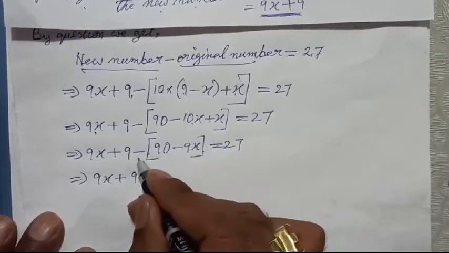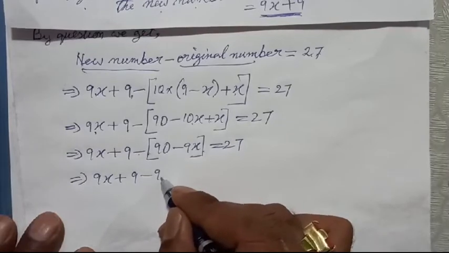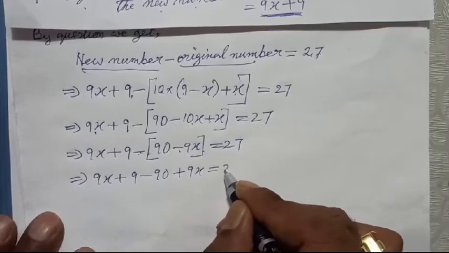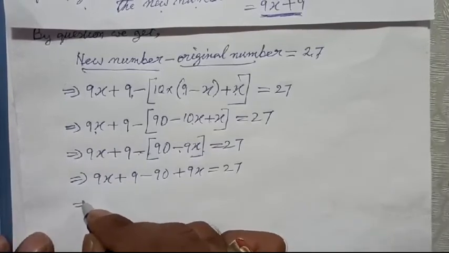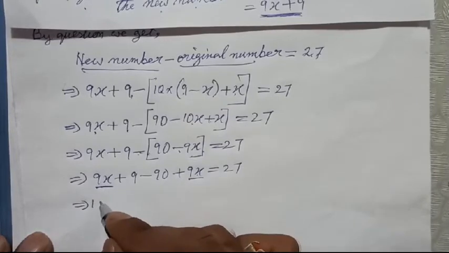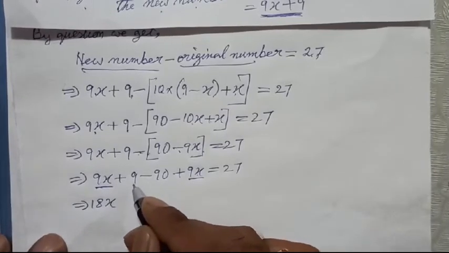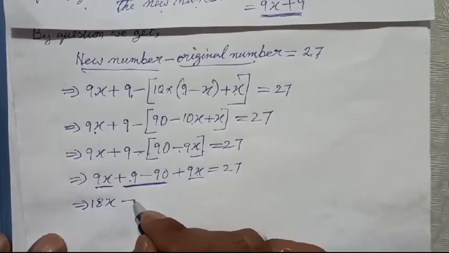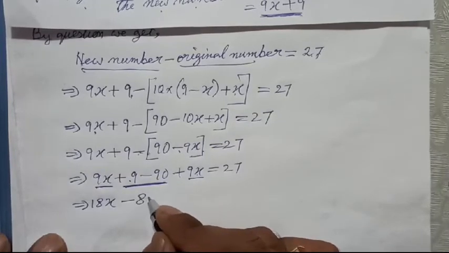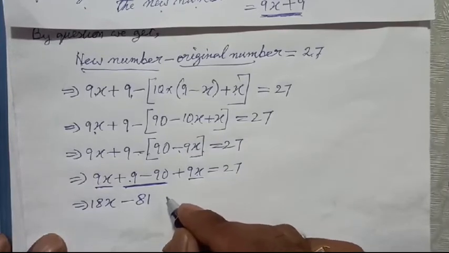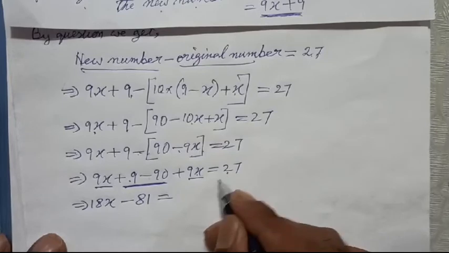This minus will multiply 90 and minus 9x, and minus into minus is plus sign, so 9x is equal to 27. Now 9x plus 9x, if we add together, we get 18x. Plus 9 minus 90, the signs are different, so if we subtract, we get minus 81, is equal to 27.